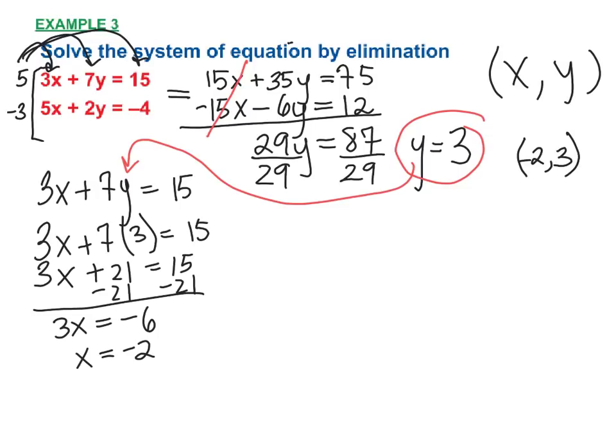Now, if I plug that into that second equation, it should work. So if I were to put 3 into this other equation, let's just check. Am I going to get the same answer?